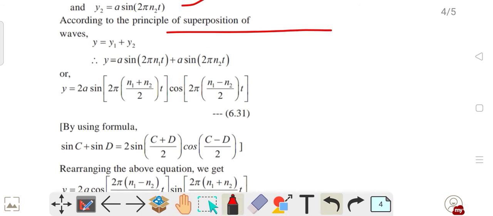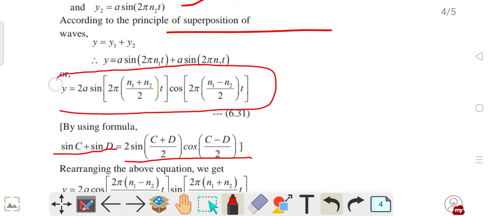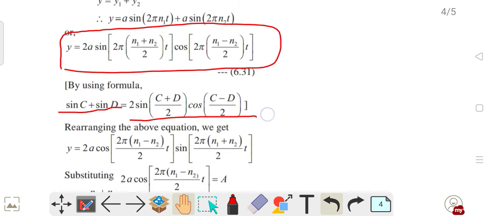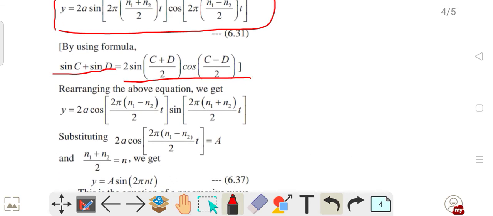Now when you do this, sin C + sin D = 2 sin((C+D)/2) cos((C−D)/2), which we have done earlier, in the last lecture. Now when you rearrange this, the cos comes first and sine comes next.